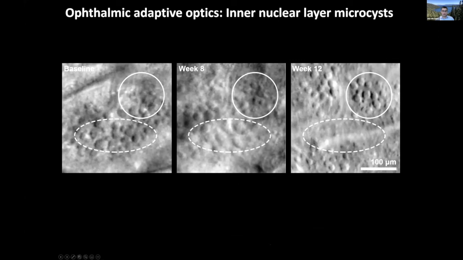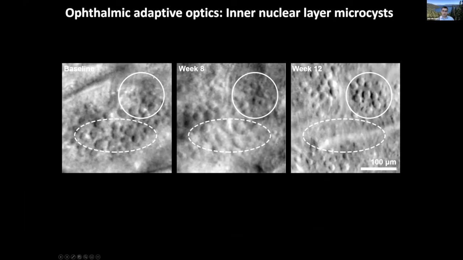Again, getting a little bit longer in terms of time scale, one of the challenges that we face with diseases that are slow progressing is how can we have sensitive measurements so that we can steer treatment, if it was available, faster. And here is an example of another neuropathy.